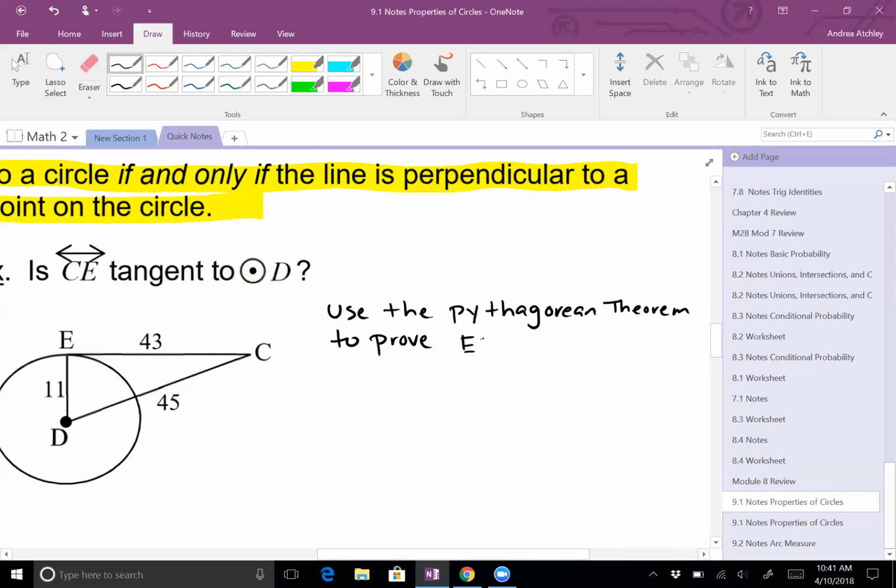To prove that ED is perpendicular to the tangent line EC, our goal is to prove that those two segments are, not congruent, sorry, perpendicular. That's how I can prove that EC is tangent to circle D. So we're going to say that A squared plus B squared has to equal the hypotenuse squared.